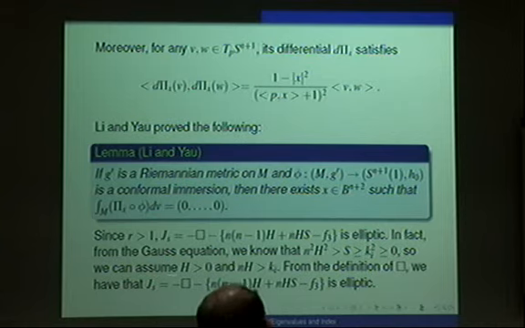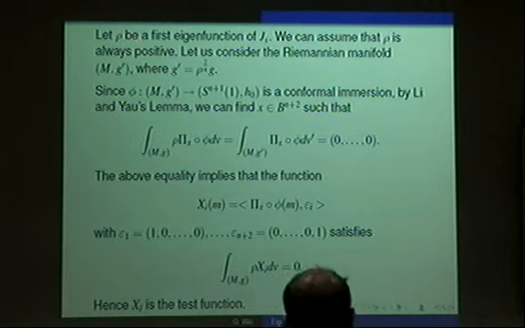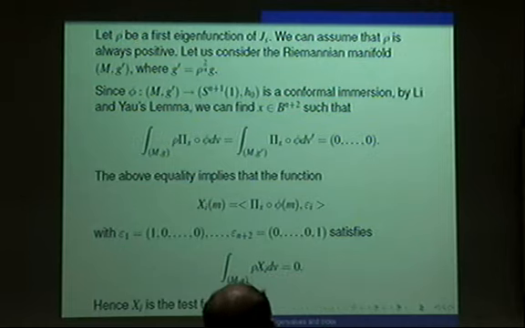So from here we can assume the mean curvature H is positive and nH is greater than k_i, and from the definition of the box operator, we can prove that this operator is elliptic. If rho is a first eigenfunction of the Jacobi operator, we can assume that this eigenfunction is positive. Then we can consider the Riemannian manifold with this metric.